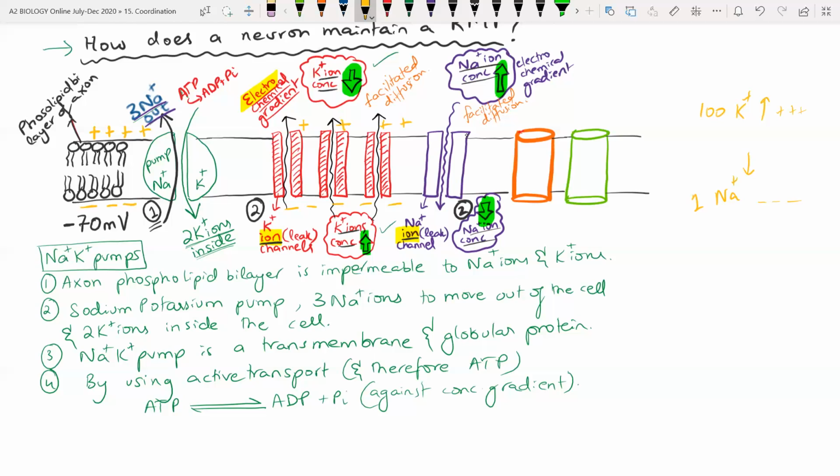Yes. That's exactly what happens. Because there are more potassium ion channels, the overall charge on the inside tends to stay negative, contributing to the resting membrane potential, and the outside stays positive.